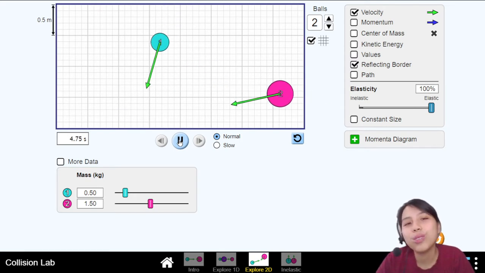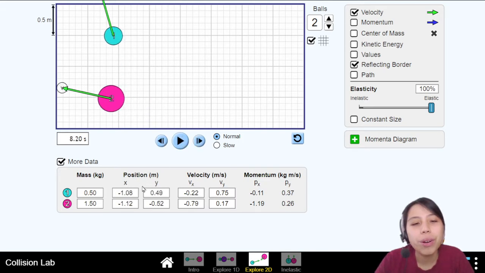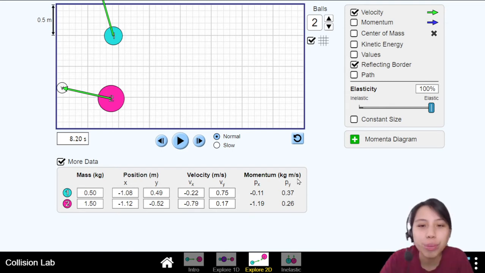And it's kind of hard to do more calculations because now you have to do both. Look at all this. Wow, this table is so complicated. Momentum in X, momentum in Y. It's kind of like a throwback to projectile. You deal with the horizontal and vertical components separately, but momentum is still conserved before and after collision.